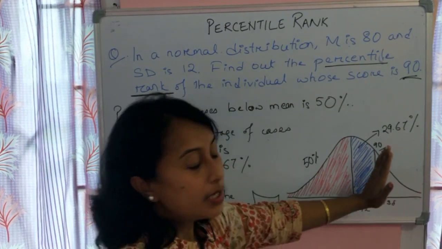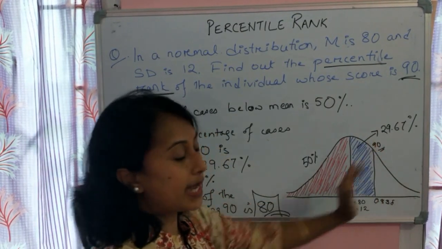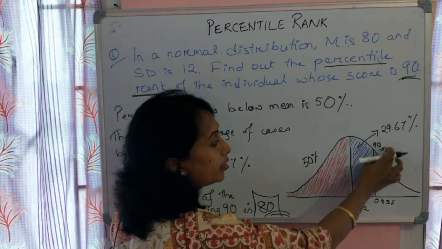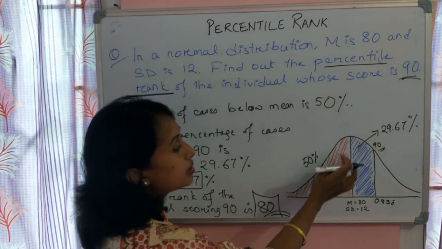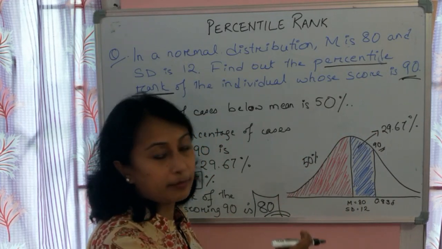But sometimes it may happen that the score for which we need to find out the percentile rank may be positioned on the left side of the NPC.